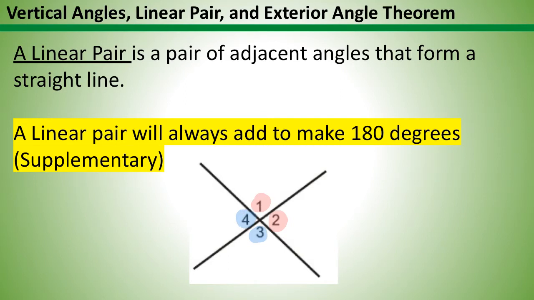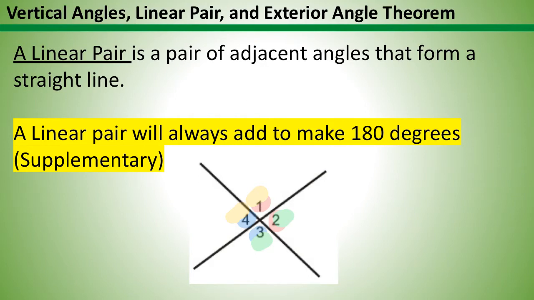I could also say that 2 and 3 form a linear pair. I could also say that 1 and 4 form a linear pair. So any angles that are adjacent to each other, we actually have 4 sets of linear pairs in this example.